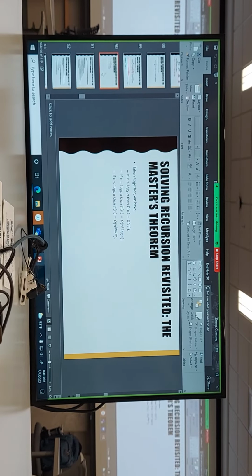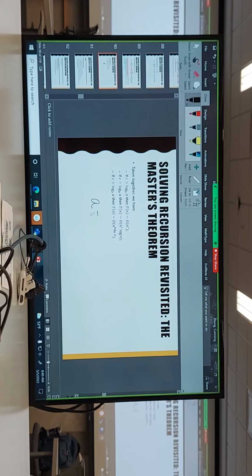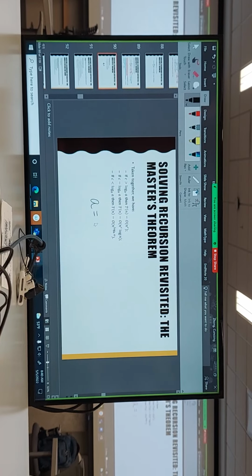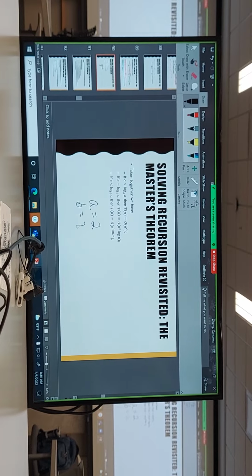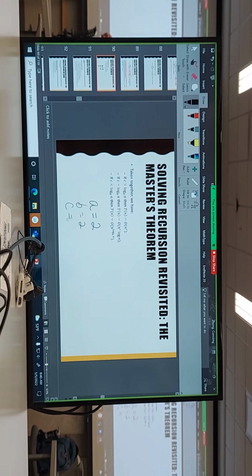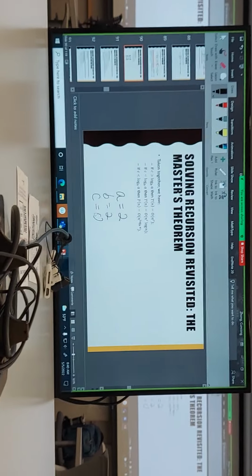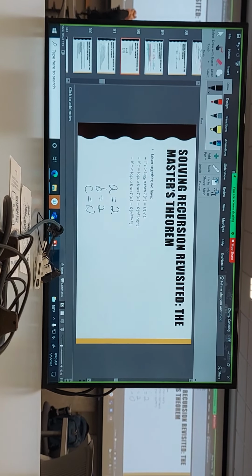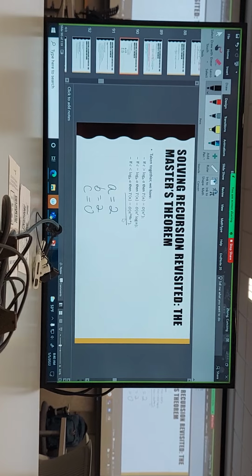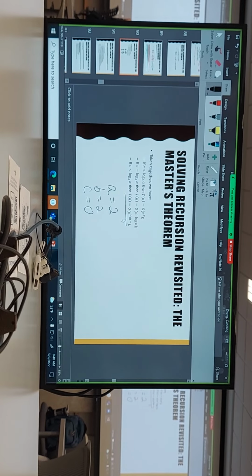So we have a equals 2, right? And then b equals 2, and c equals 0. Okay. In this case, we have that. So it should be linear time. Right.